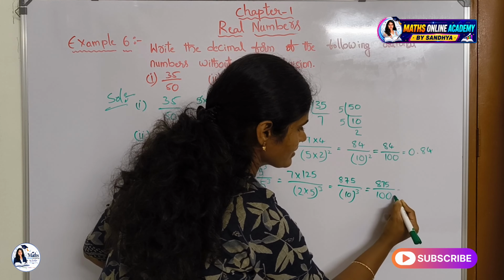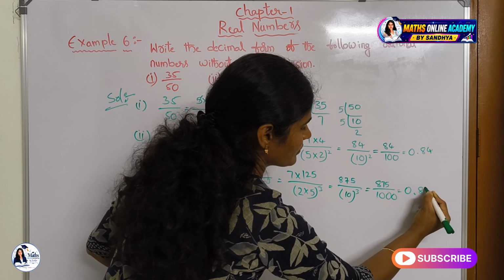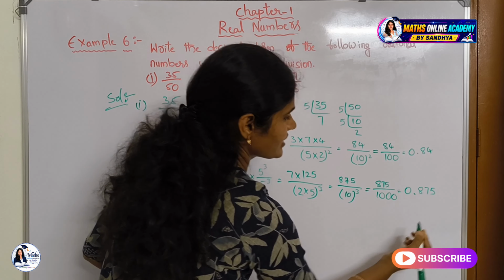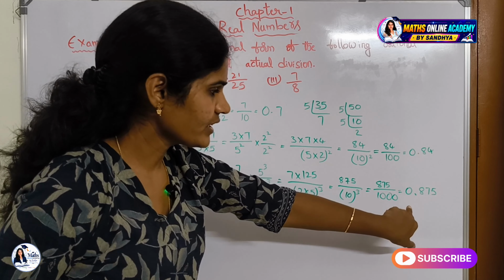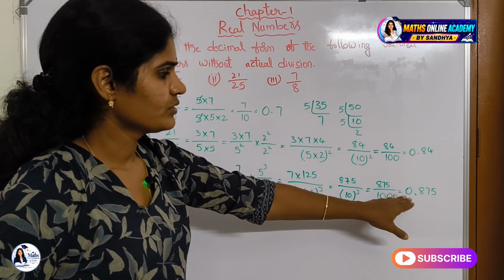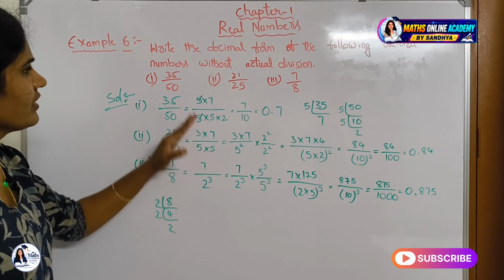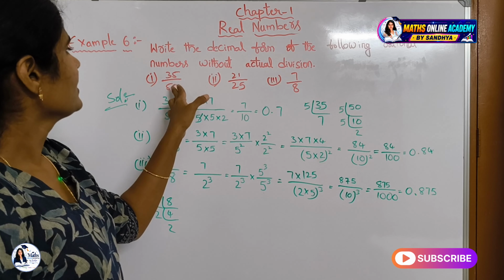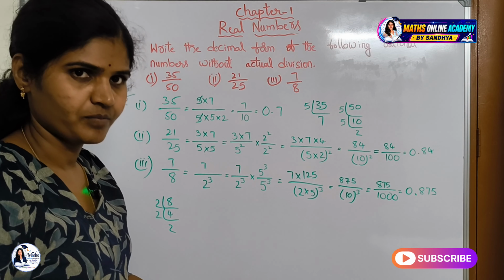By 1000 means 0.875. If you remove the decimal point, you get denominator 1000 again. So 0.875.